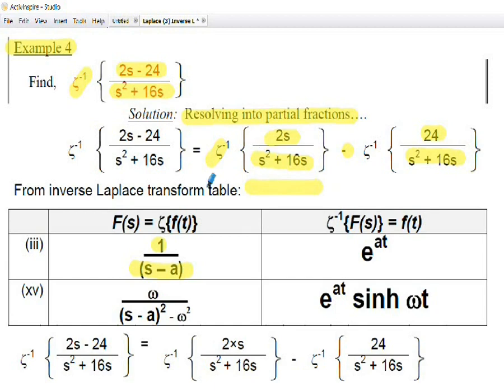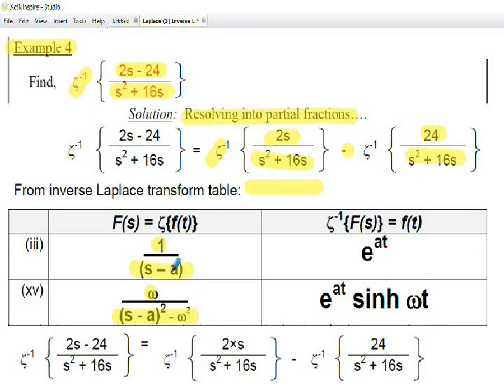And if I look at the inverse Laplace transform table again, I'm going to try and use the omega over s minus a all squared minus omega squared with the second term. And again, this partly comes from experience. The more you do, the more you're familiar with the table, the more you kind of know what functions are likely to fit. But I'm basically trying these. If they don't work, I'll have to try something else.